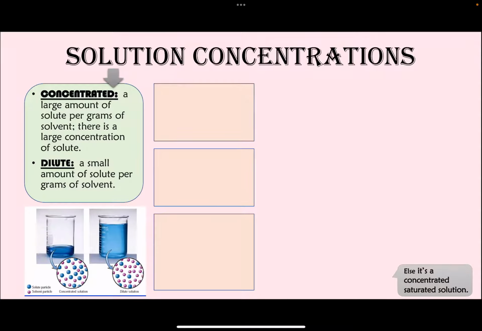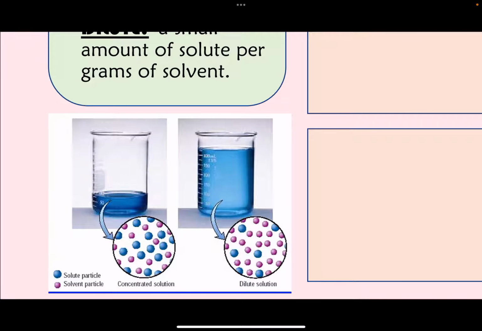So let's look at these two pictures over here as an example. This one over here is your concentrated solution. As you can see, the concentrated solution has kind of an equal amount of the solute and solvent particles. There's a lot of the blue particles, which is the solute, and there's also a lot of purple particles, which is the solvent. Compare that to the dilute solution.